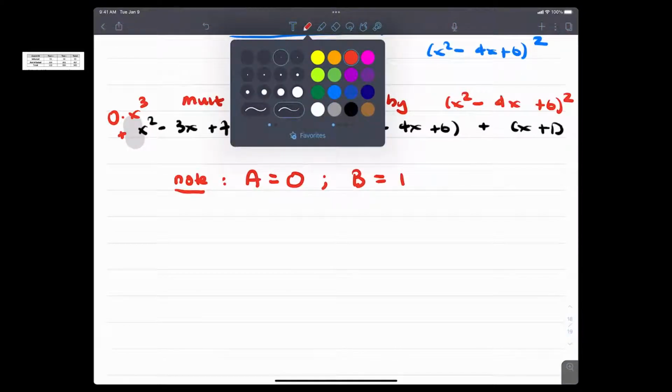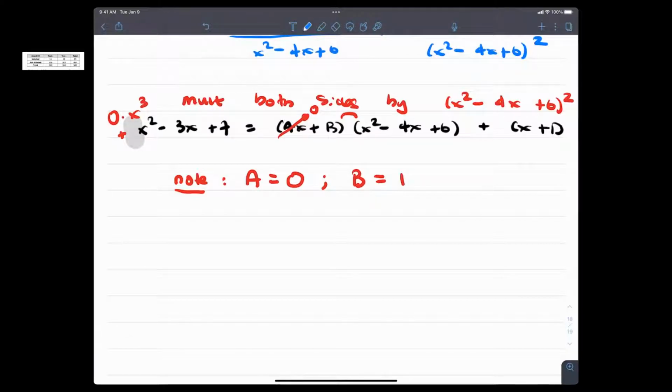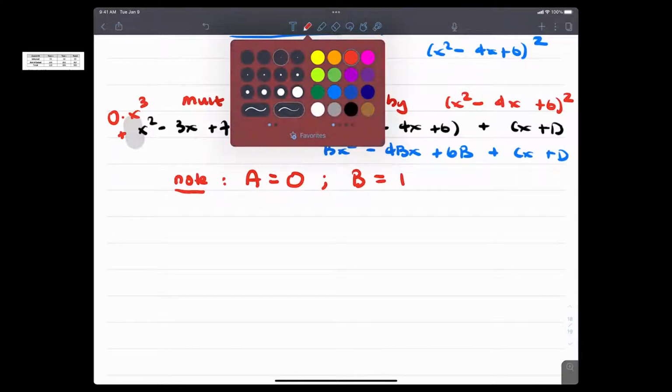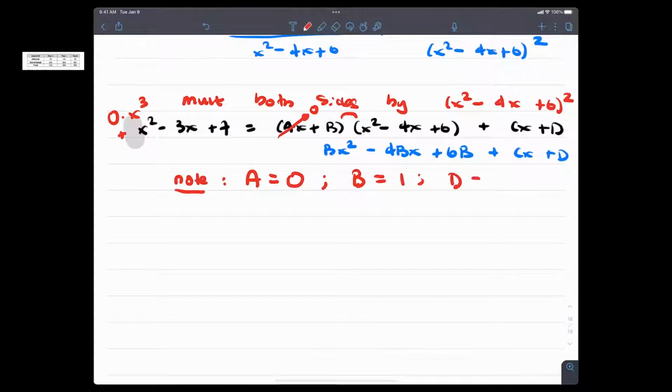Then you might say, how do I go further with this? If I multiply this out, I get bx squared minus 4bx plus 6b, plus cx plus d. So I know something else.